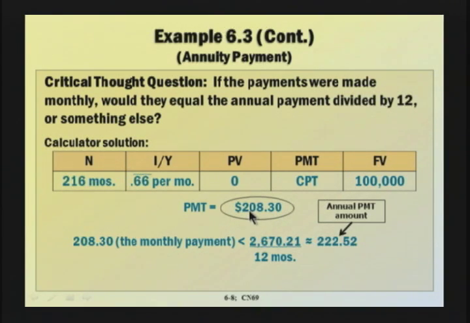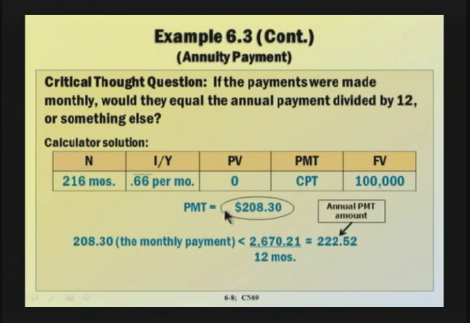It earns interest for 10 months before the first annual payment would have even been made. So by investing sooner, I have more time to earn interest. I have more chance to compound and earn interest on interest, and so interest is going to pay a lot more of the college fund this way if I invest on a monthly basis instead of waiting until the end of each year to invest on an annual basis.